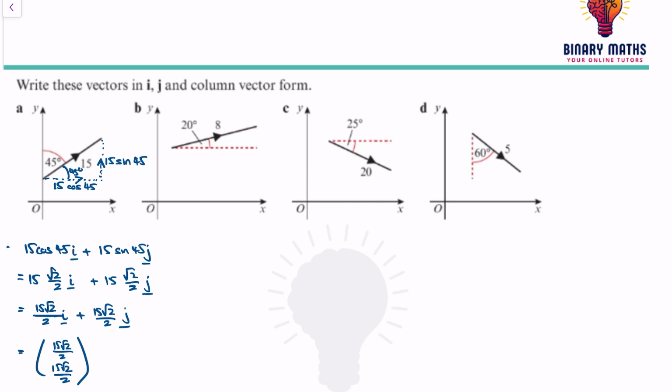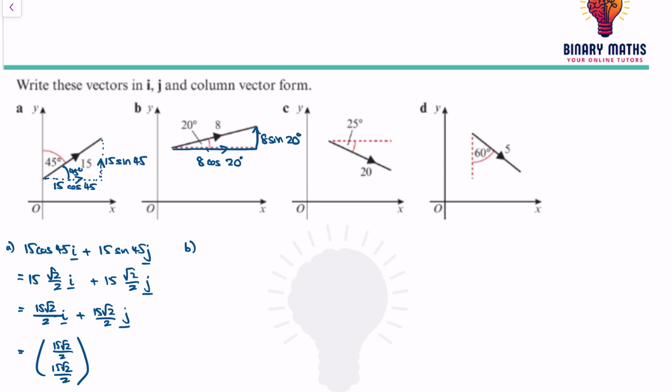So this was A. If I do B similarly, if this is 20 degrees, then because this is adjacent to the angle of 20, this will be the magnitude, which is 8. Adjacent means cos, so it's 8 cos 20. This length is opposite the marked angle of 20, so it's going to be 8 sine 20.